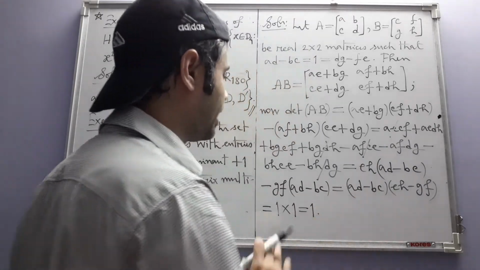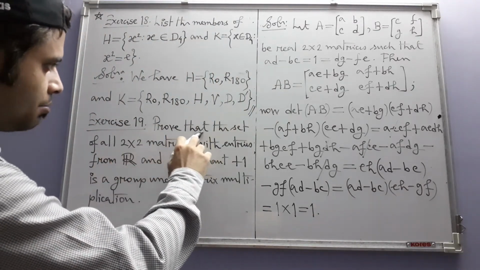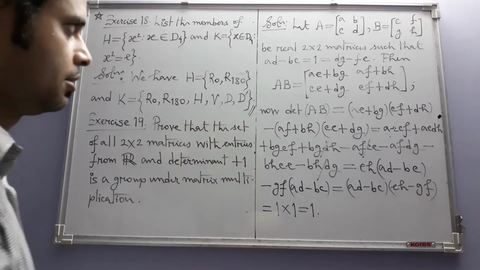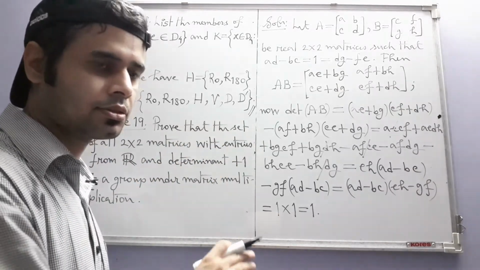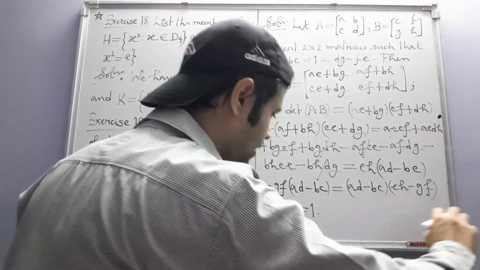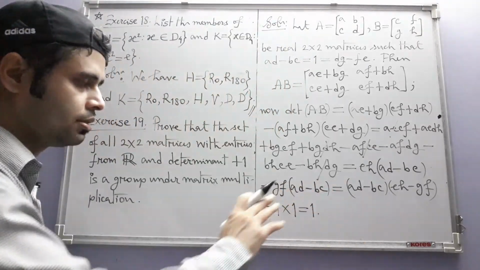There is no need to write that, because here we have just simply mentioned in the exercise the set of all 2 by 2 matrices. We haven't given any name to the set, so we have to again write the things. So you understand, the operation is closed.